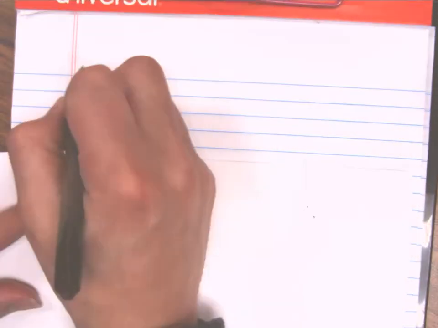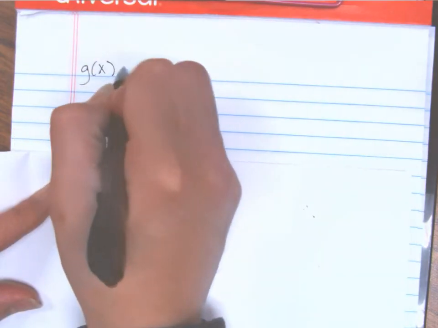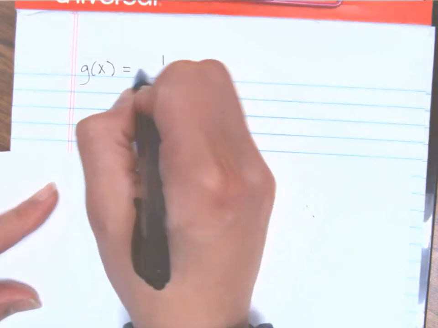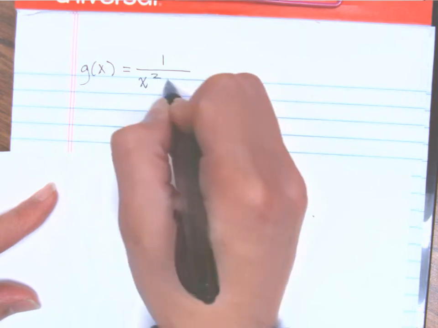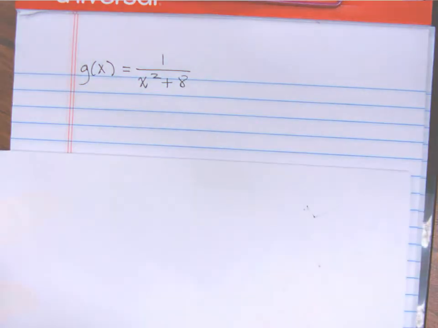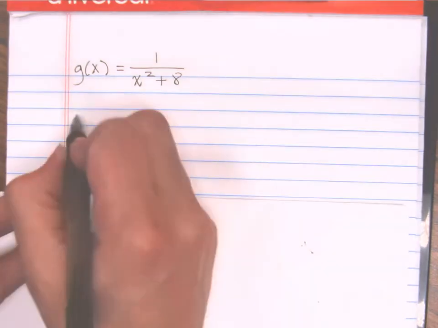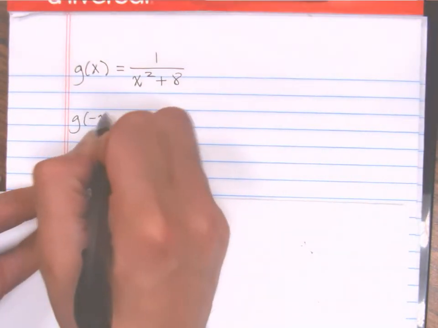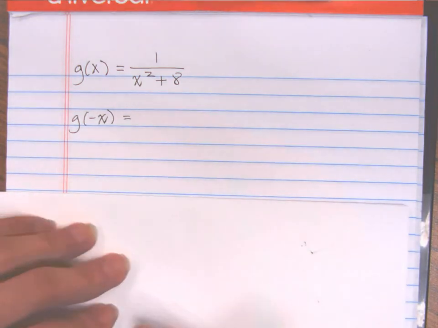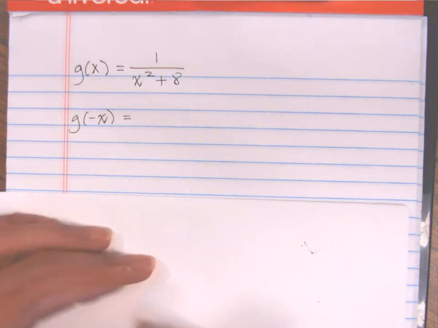Let's look at one more example. Let's say we're given g of x, and that is equal to 1 over x squared plus 8. And again, I want to evaluate g of negative x, so I need to replace x with negative x.